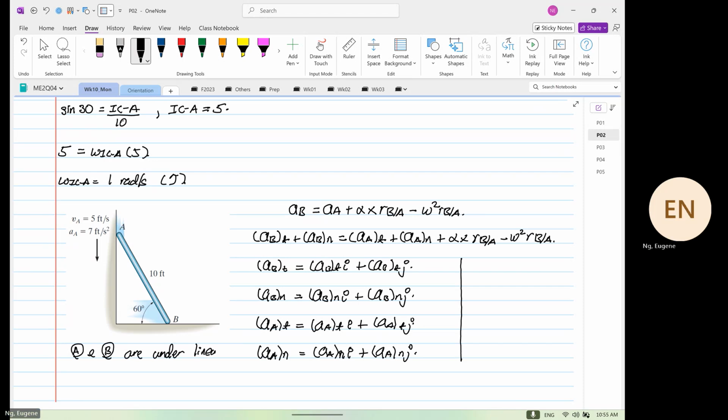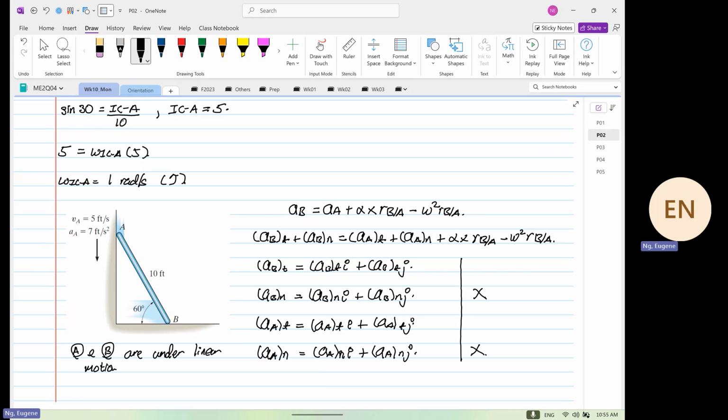Linear motion. So when under linear motion, these two disappear. Very clear. So point A is going through a linear motion. Point B is also going through a linear motion.